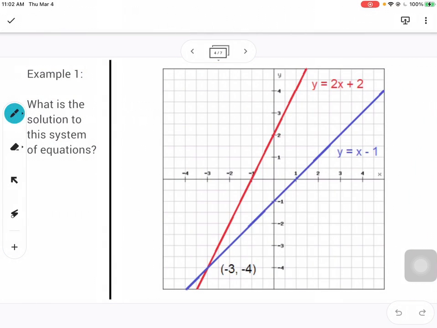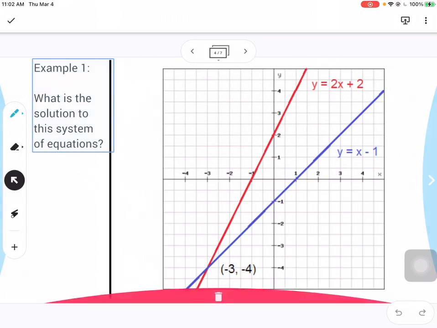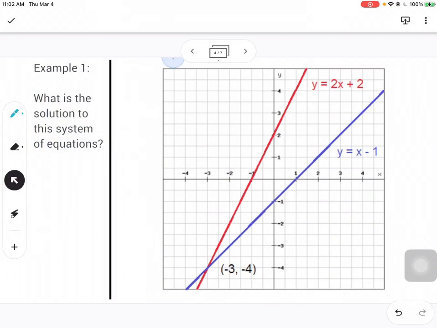So let's look at a couple of examples. Example 1, what is the solution to this system of equations? So in this case, we have two lines that cross each other at one point.